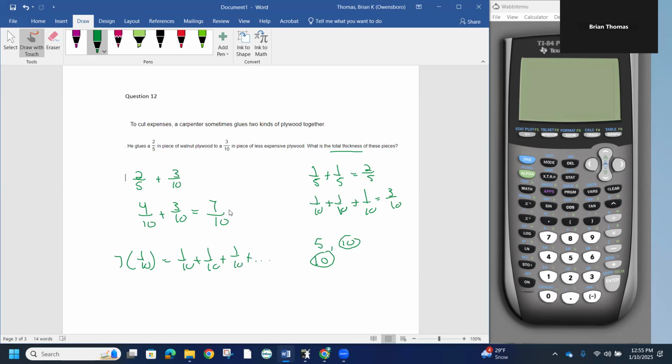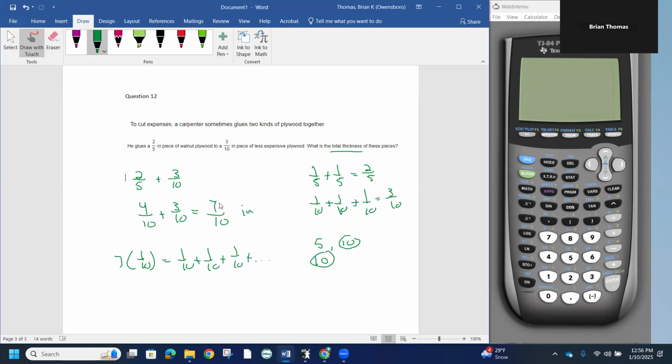This is very shortcut language when it comes to expressing it as a value. It's a lot easier to write 7/10 as opposed to adding a tenth 7 times. So 7/10 means 7 times 1/10, and 7/10 inches would be the total thickness.